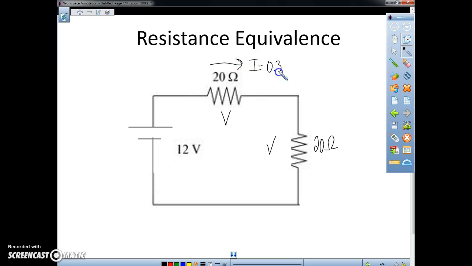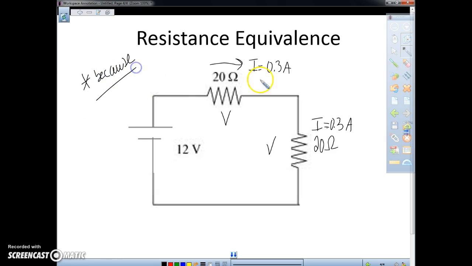I is 0.3 here, and I is 0.3 here. This is because of series. I was stressing in class that series has the same current. This is where it's very helpful.